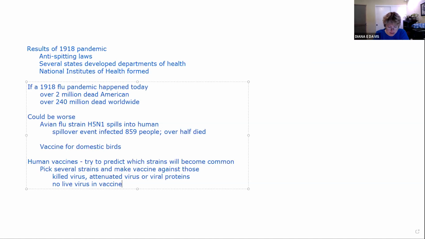There have also been, when there is concern about avian flu, county health departments or state health departments will sometimes get some chickens that are called sentry chickens. I just love the term.